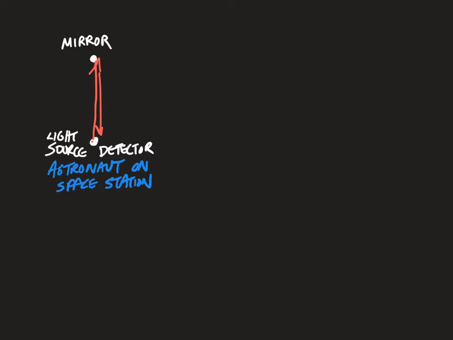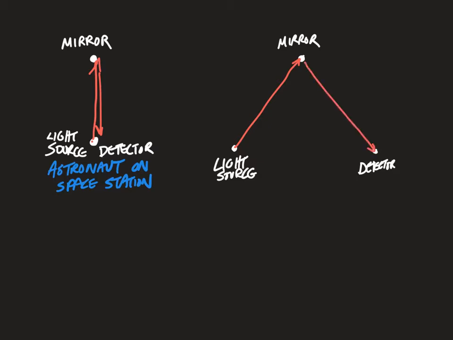If we put our same mirror over here, the observer on Earth sees the light source shoot a beam to the mirror, and then it bounces off that mirror and hits the detector. And the reason for that is because the ship has gone some distance.